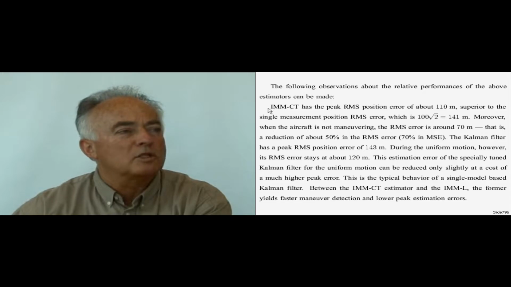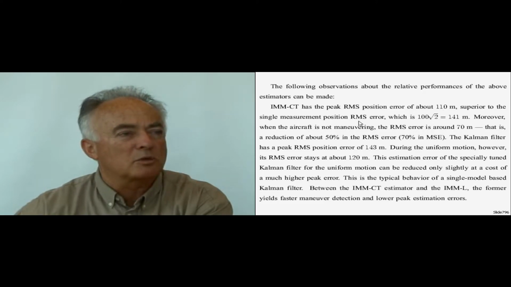So, in summary, the IMM-CT has peak RMS errors around 110 meters, significantly better than the single measurement position RMS error, which is 141 meters. And when the aircraft is not maneuvering, the RMS error is down to 70 meters, about 50% RMS error.